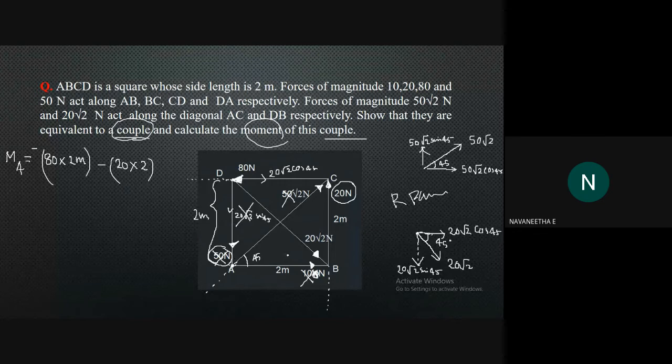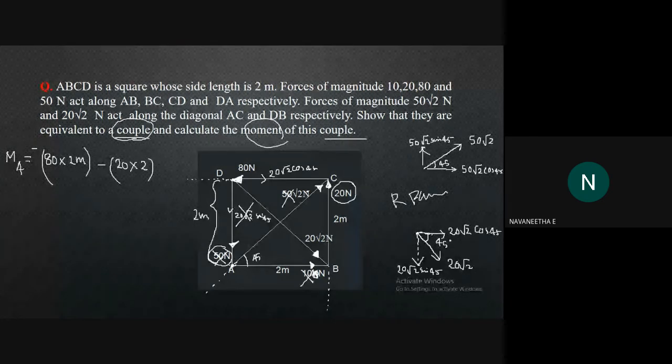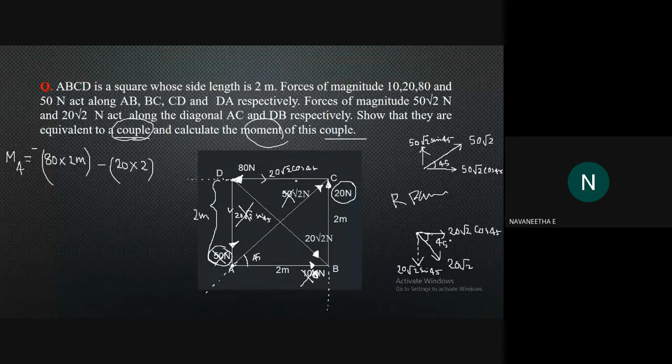So we have to consider the x component only. Okay, 20 root 2 cos 45, the line of action is along the x direction. What is the perpendicular distance between 20 root 2 cos 45 and point A? Same as that of 80 Newton. It is 2 meter.